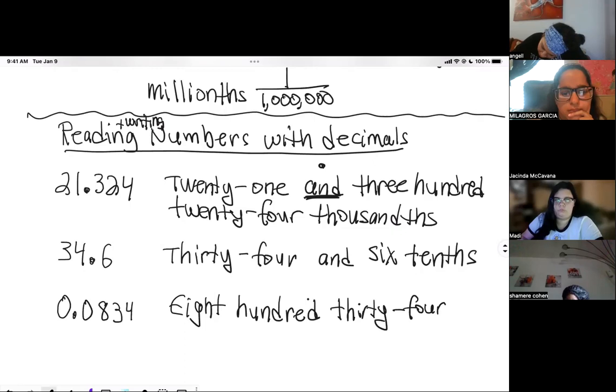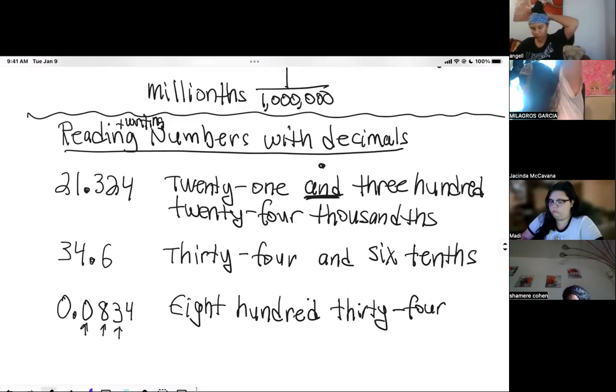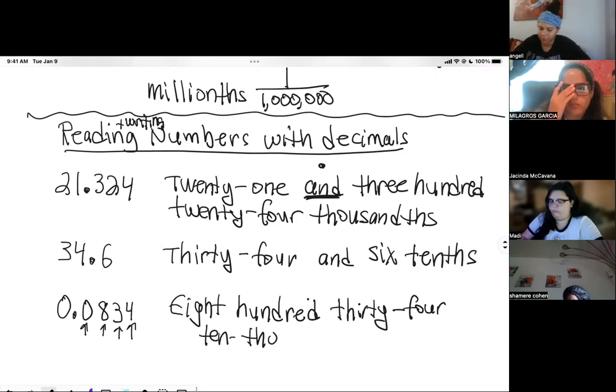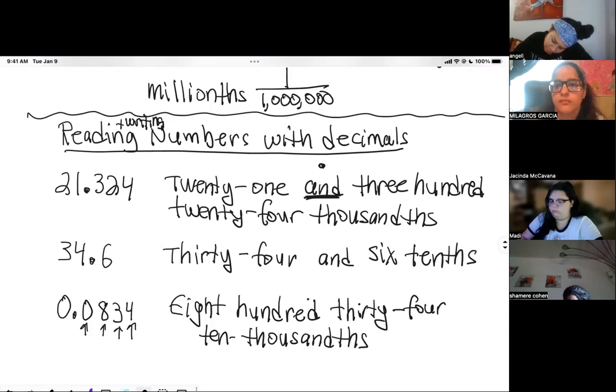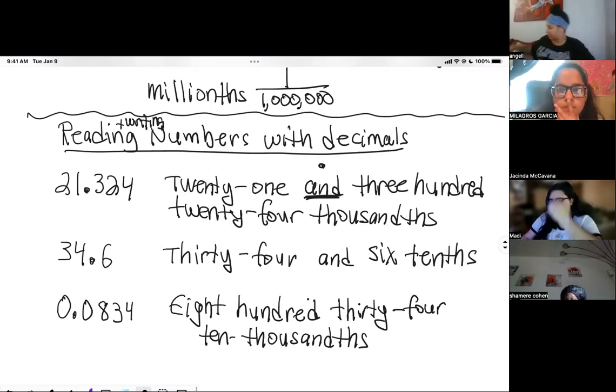Okay, now where does the last number end? So we have tenths, hundredths, thousandths, 10,000ths. The 4 ends in the 10,000ths. So 10,000ths. So you always look to see where your number ends. That's the number you put at the end, 10,000ths.